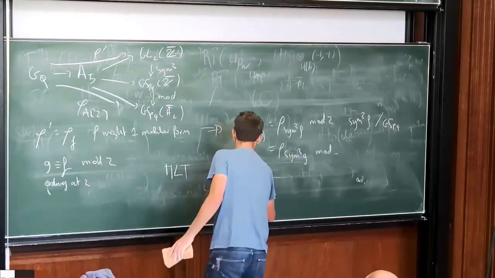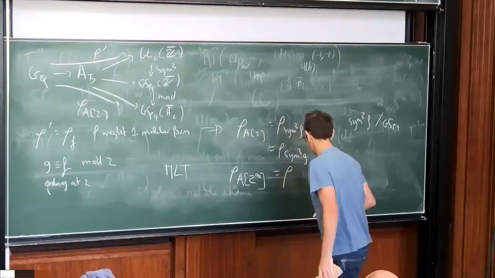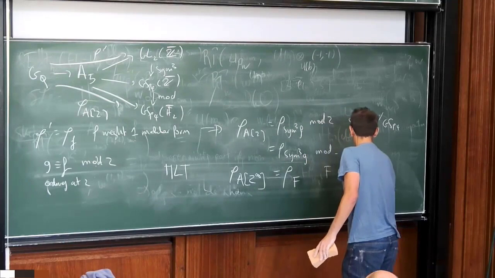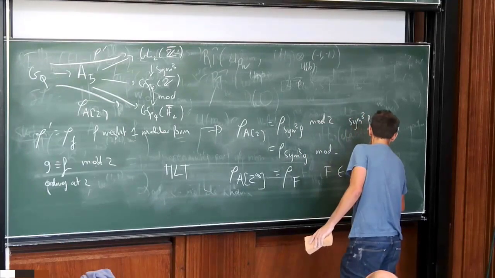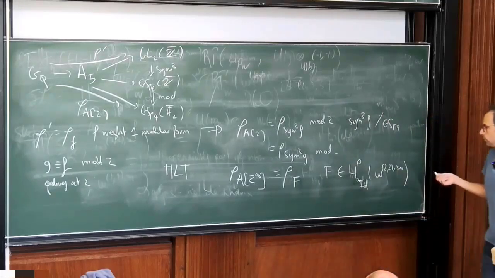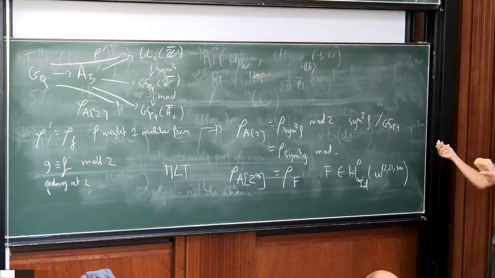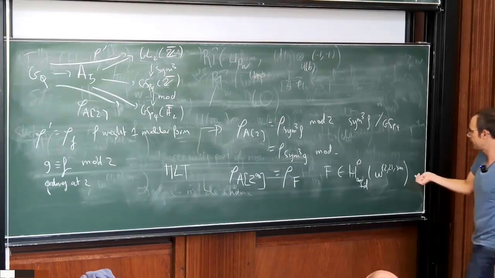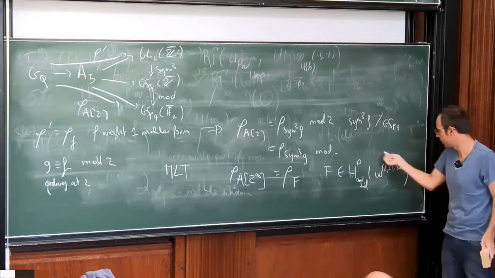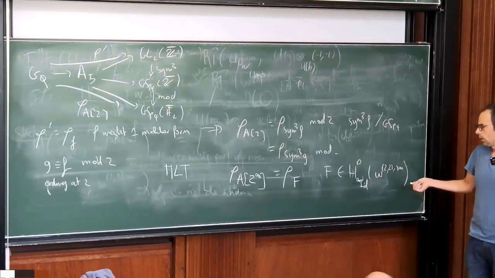And so you deduce that rho of A infinity is rho of F, where F is in H0 of the identity, omega 2, smooth. So here you applied a modular lifting theorem in the unobstructed situation, which means that you apply it with p-adic modular forms.